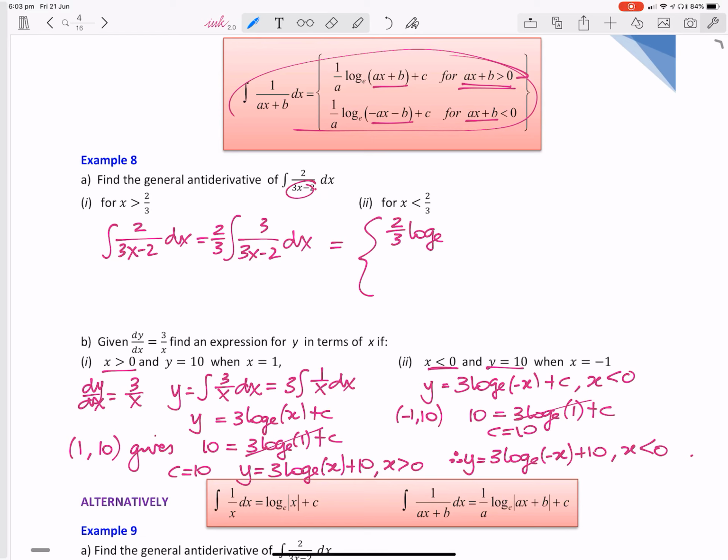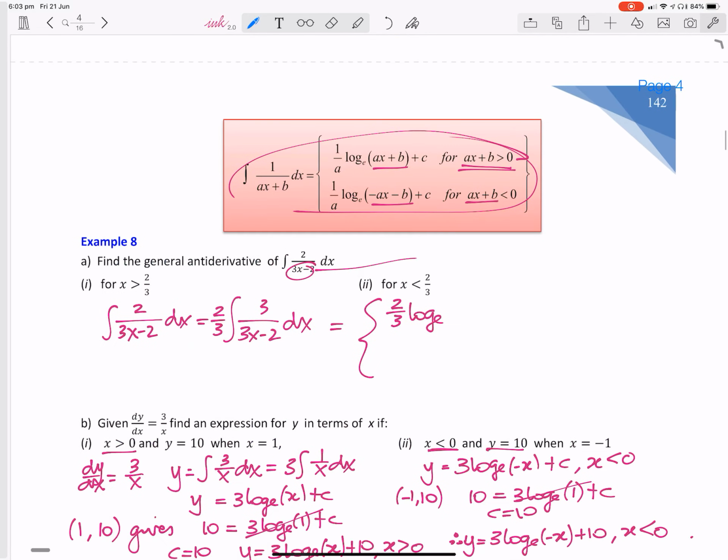Now the significant part, the part where we decide which way we go, we say 3x minus 2 is greater than 0. 3x is greater than 2. x is greater than 2/3. So this one will be 3x minus 2 plus c for x is greater than 2/3.